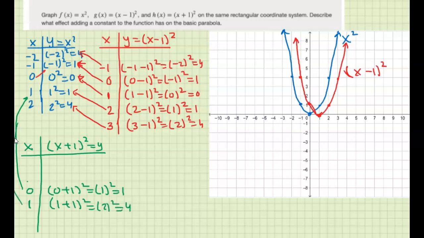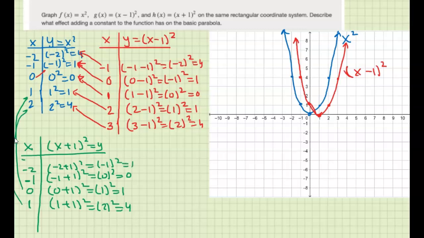So I already got to 4, and that's kind of the end of this. I'm going to pick smaller values now. (Negative 1 plus 1) squared is 0 squared, which is 0. (Negative 2 plus 1) squared is negative 1 squared, which is 1. And I'm going to go to negative 3. (Negative 3 plus 1) squared is negative 2 squared, which is 4.